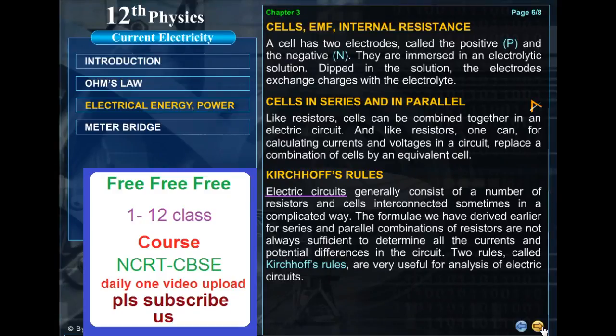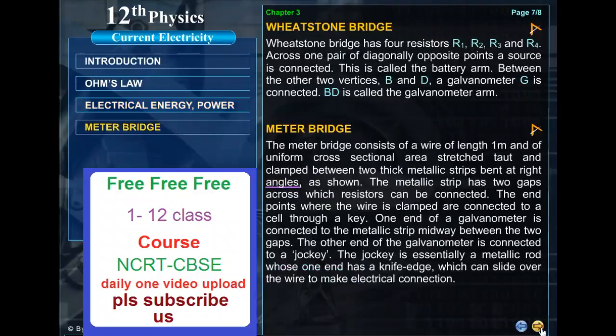The formulae we have derived earlier for series and parallel combinations of resistors are not always sufficient to determine all the currents and potential differences in the circuit. Two rules called Kirchhoff's rules are very useful for analysis of electric circuits.